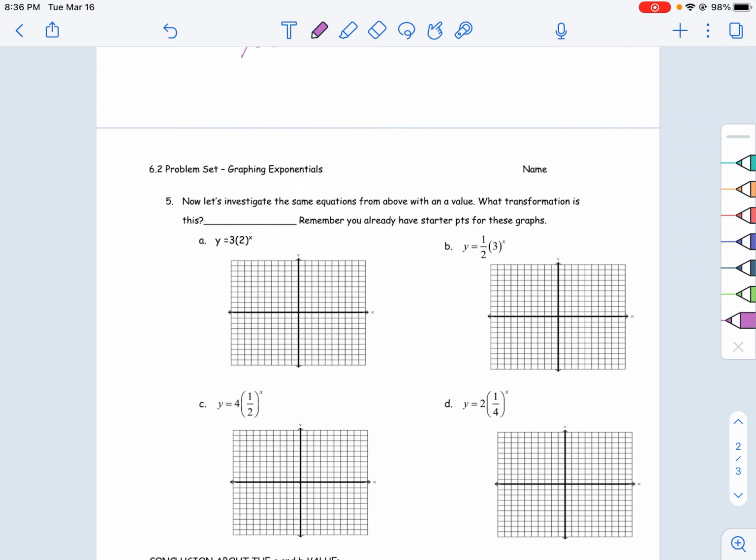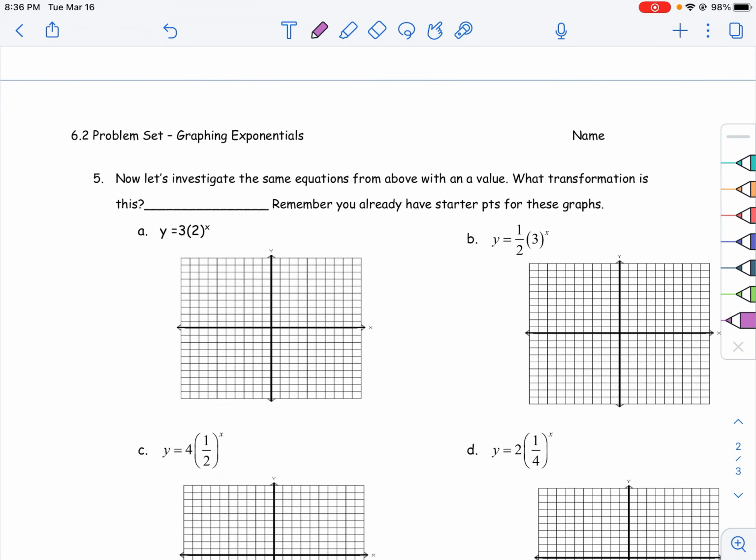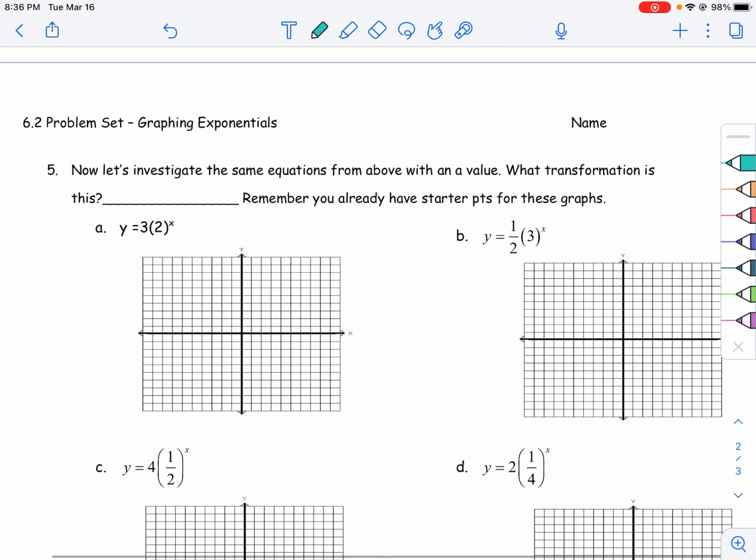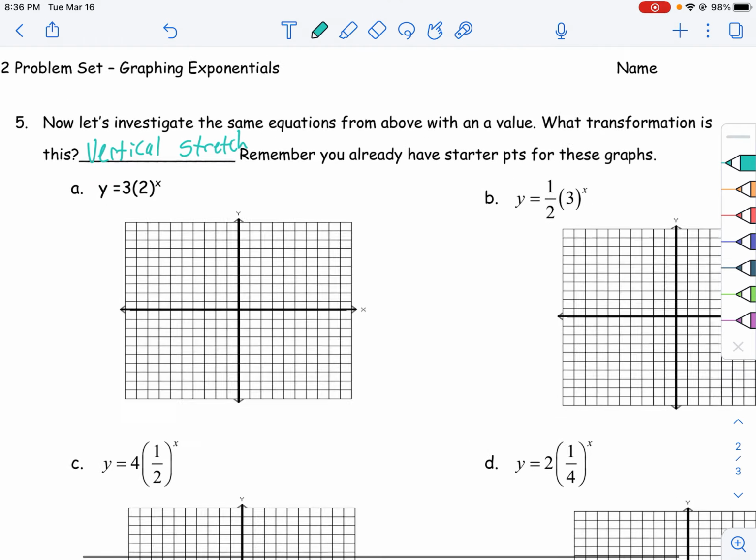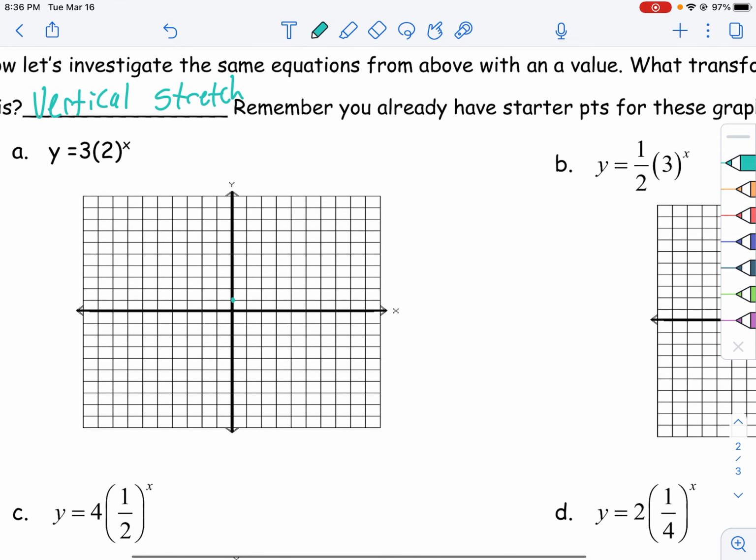So now let's investigate the same equation for the above with an a value. What transformation is this? A value is always, always, always our vertical stretch. We already have the starter points for these graphs, so let's graph them real quick. We did 0, 1 for 2 to the x. When we put in 1, we get 2. When you put in 2, you get out 4. When you put in -1, you get out half.